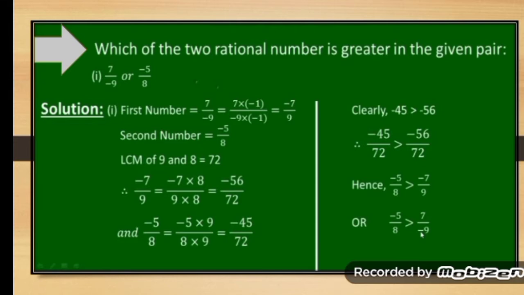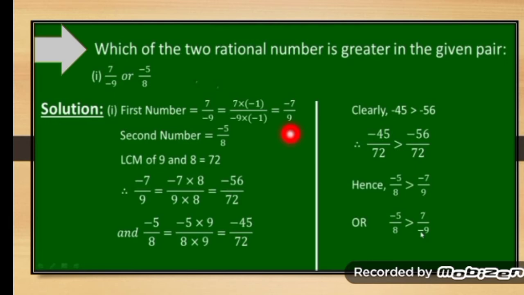Now see one more example. In this example, we are given the rational numbers 7 by minus 9 and minus 5 by 8. Here again, this denominator is negative. First of all, we will make this denominator positive. After making the denominator positive, we will get minus 7 by 9.